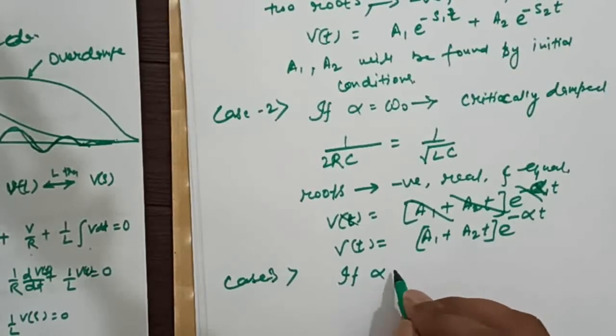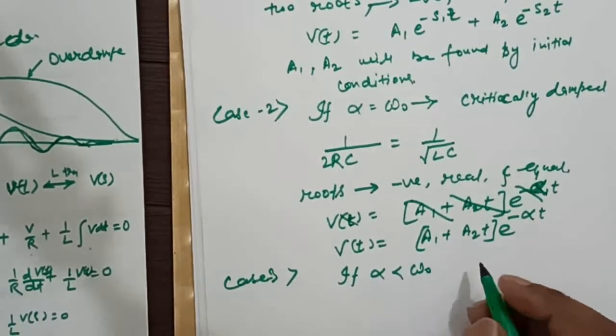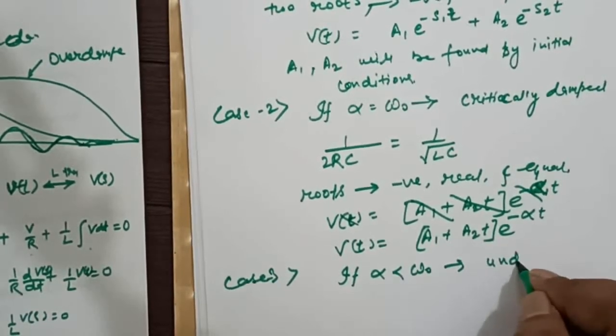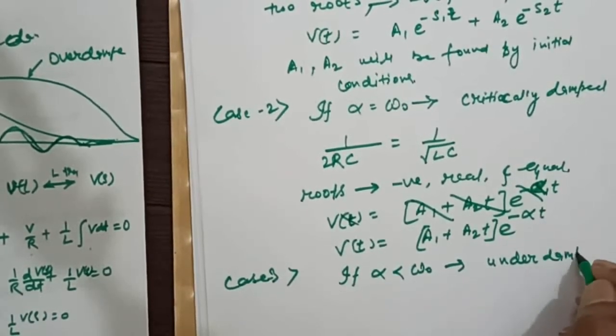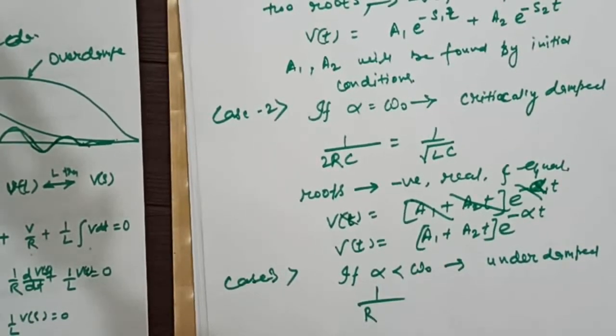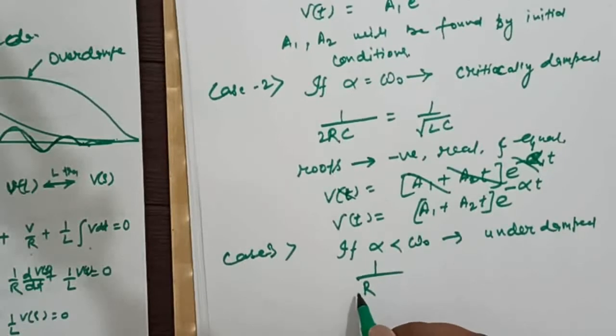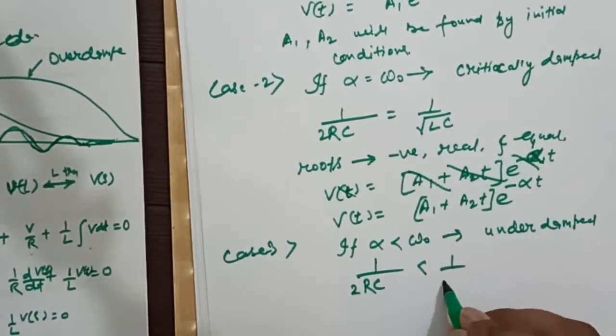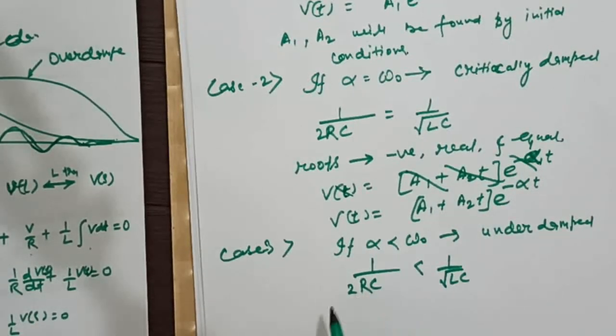If alpha is less than omega naught, if this is the condition, then it will be underdamped. Means a parallel RLC circuit to be underdamped, this condition must be satisfied.